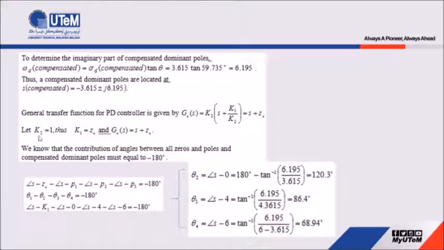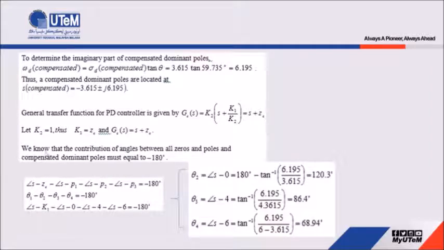In this case, we choose K2 equal to 1 to make it easy to calculate. When we put this one equal to 1 and this one equal to 1, we can get the same format like this.